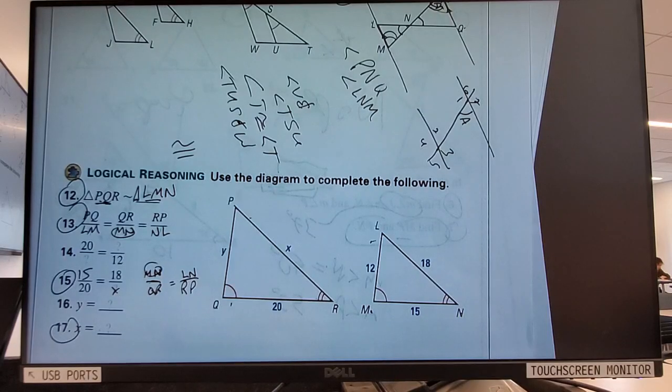I'm sorry. Well, really quickly, what could you do directly on number 15 to solve it algebraically? What do you do? Cross multiply.